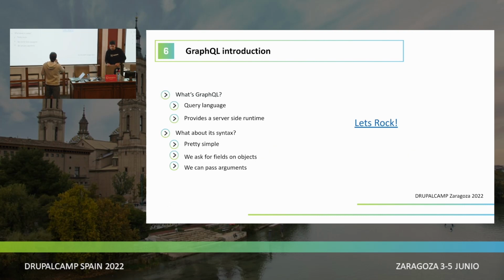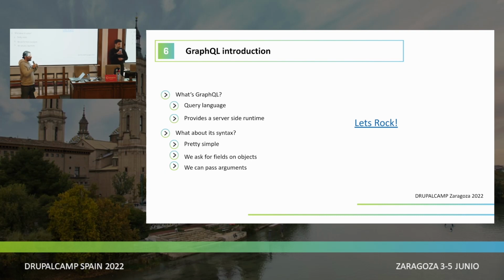Okay, so GraphQL. What's GraphQL? GraphQL is a query language that allows us to request, to ask for data. Also, it provides a server-side runtime. We can request the data really easily because it has a really simple syntax. It basically has fields on objects and we request them.